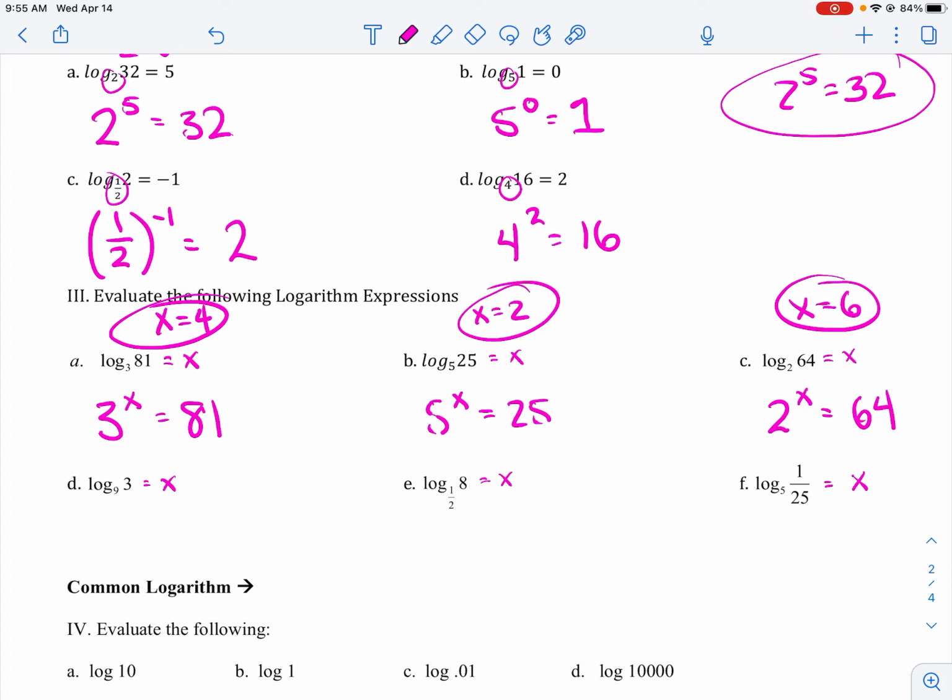Now we're going to get into some more difficult ones. So 9 to what power equals 3? Might not seem obvious at first, but remember, anything raised to the 1/2 power is like taking the square root. So the square root of 9, or 9 to the 1/2 power, is equal to 3. Over here, 1/2 raised to the x power is equal to 8.